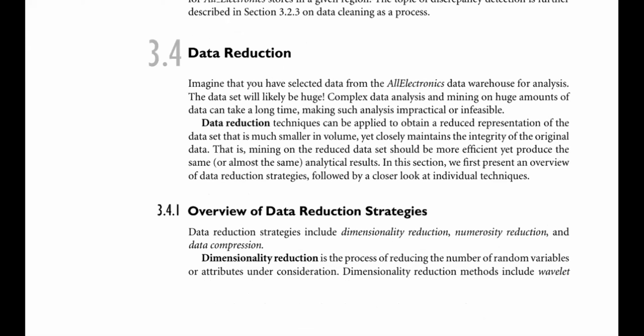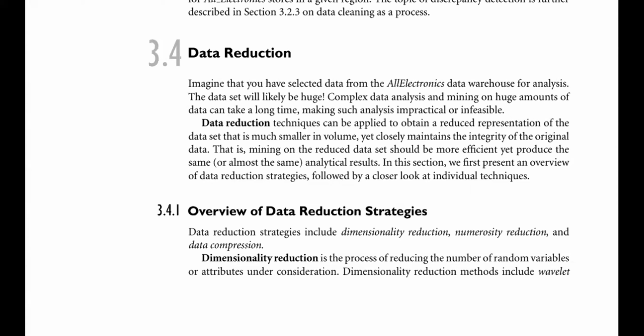Attribute subset selection is a method of dimensionality reduction in which irrelevant, weakly relevant, or redundant attributes or dimensions are detected and removed. So these are the three types of dimensionality reduction methods: wavelet transform, principal component analysis, and attribute subset selection.